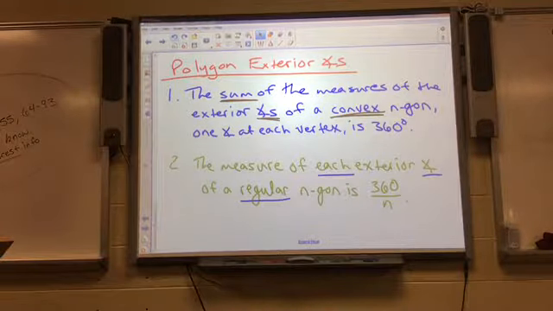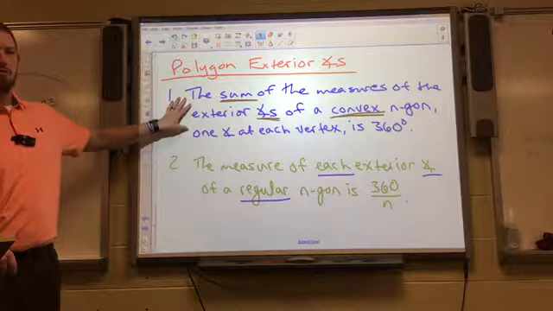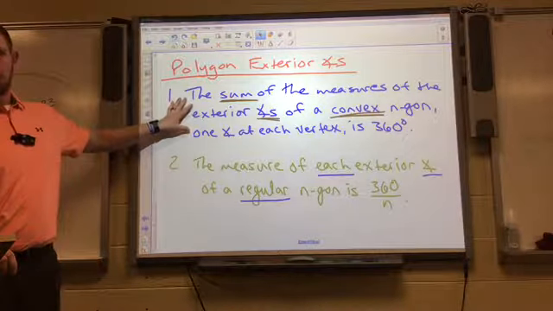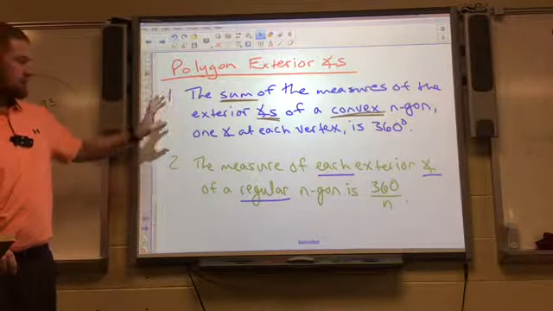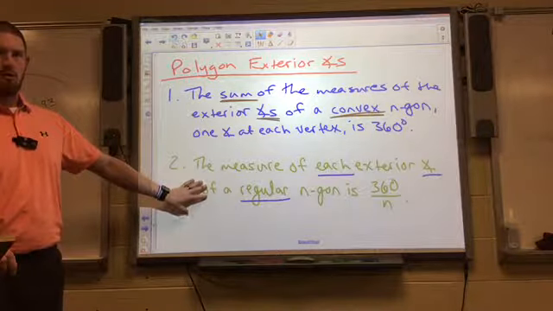Alright, example 3 part A, I'm not going to draw out for you guys. Let's take a look at that real quick though. Is that a convex polygon? Yes. So, could I use this theorem and find the sum of the exterior angles? What's it going to be? 360. Okay. Now the question is, is it regular? No. So can I use this one?